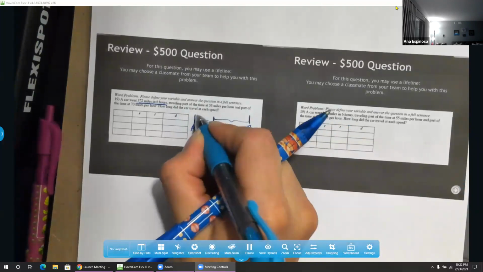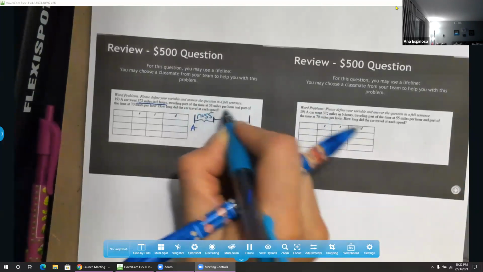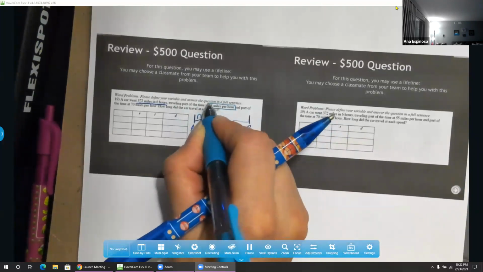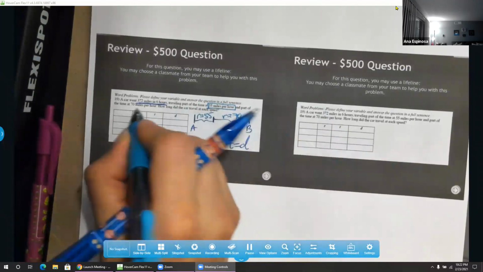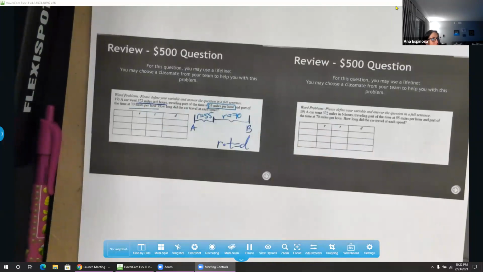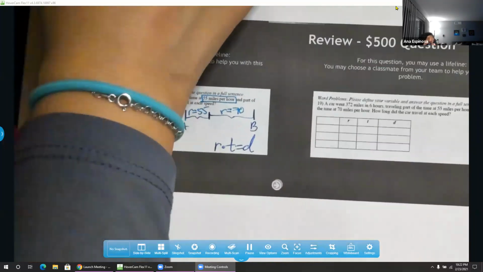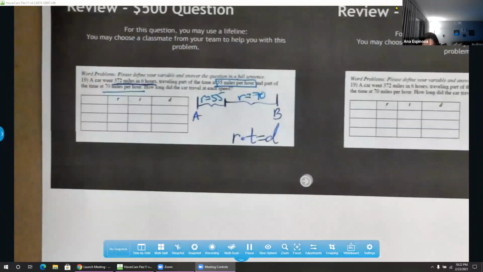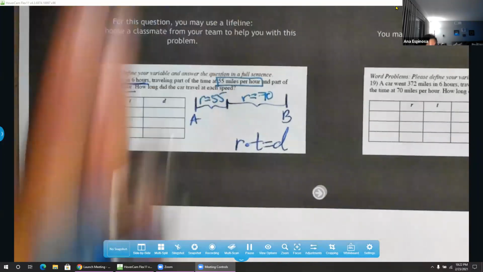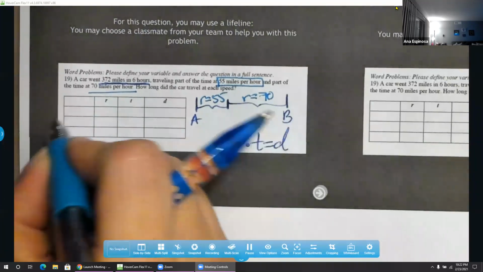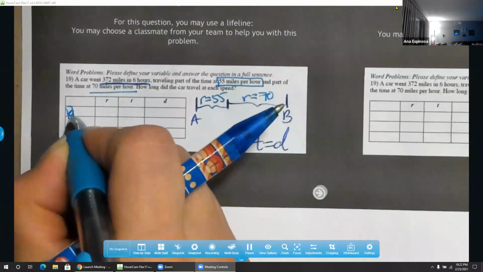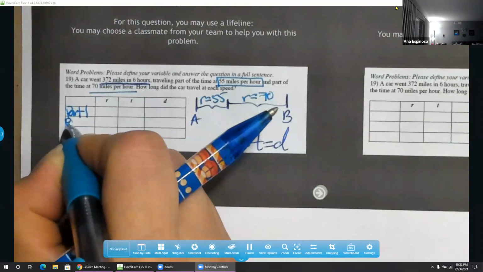So this one is at a rate of 55. When you have miles per hour, it is rate. And then the other rate was 70. Okay. So I'm going to fill out the chart, even though it's super tiny. That was my bad. Okay, so I'm just going to do part one and part two.